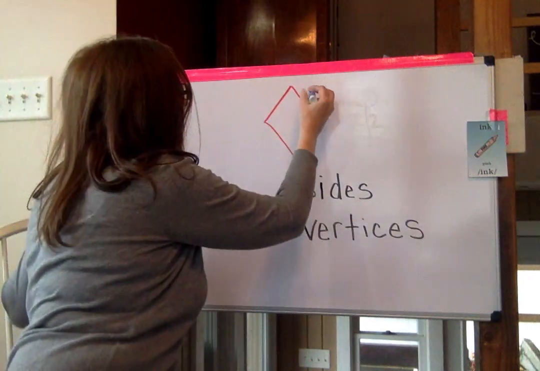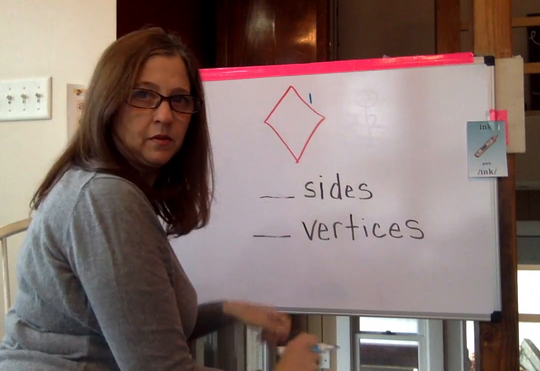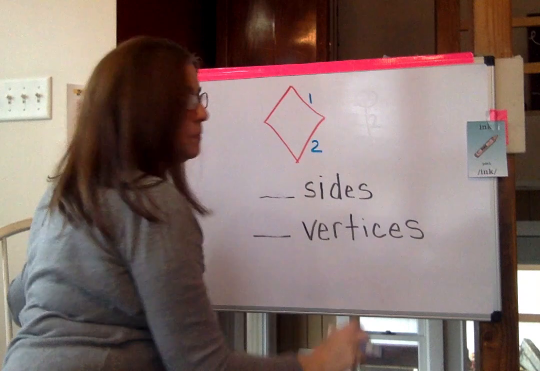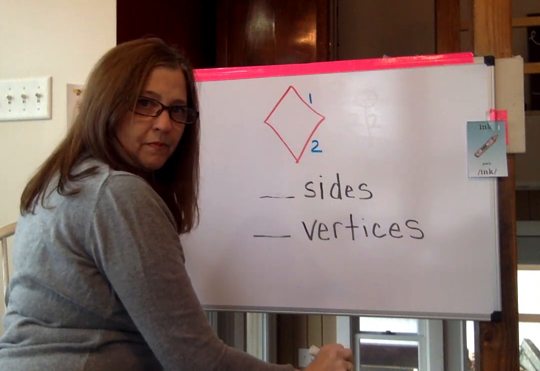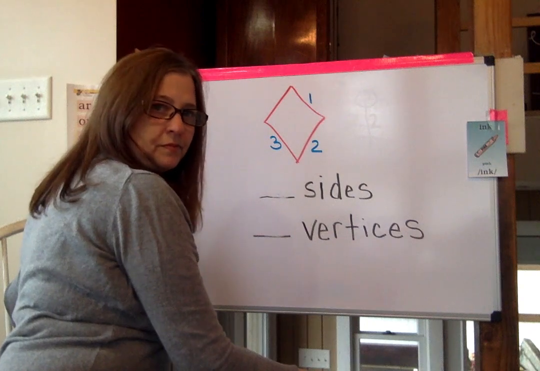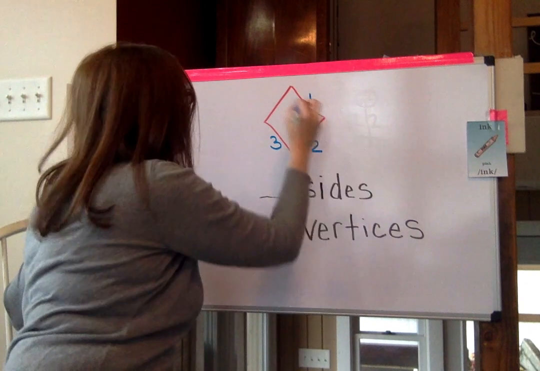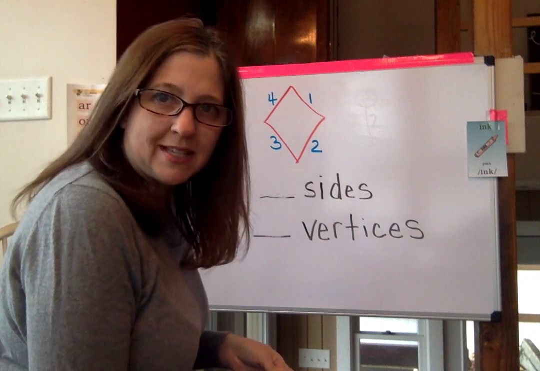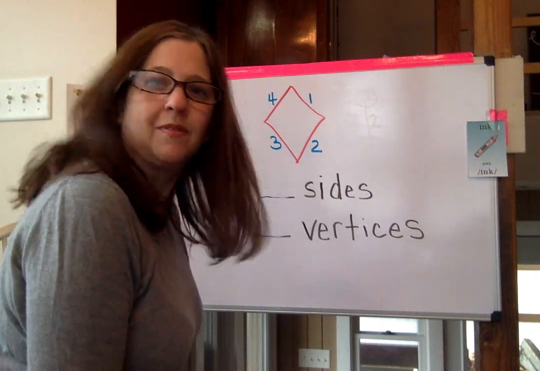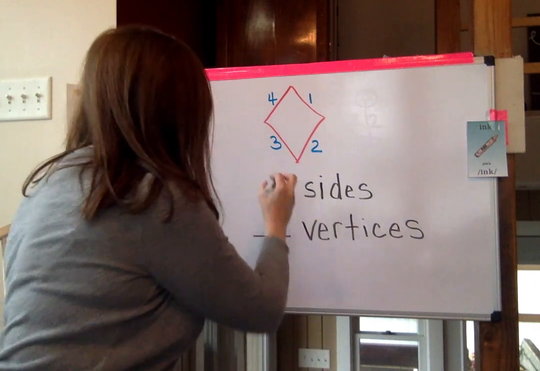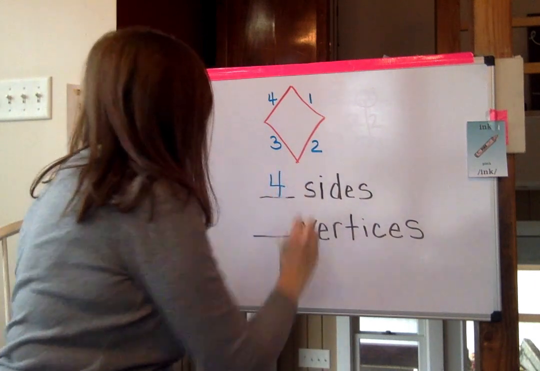So let's start right here. 1, 2, 3. How many sides does a rhombus have? Very good. Can you put that on the line down here for me, please? 4 sides.